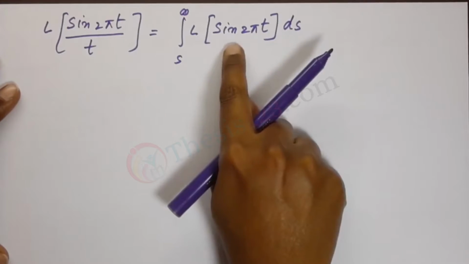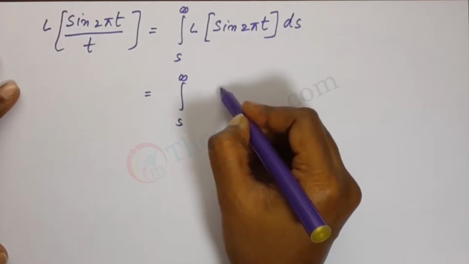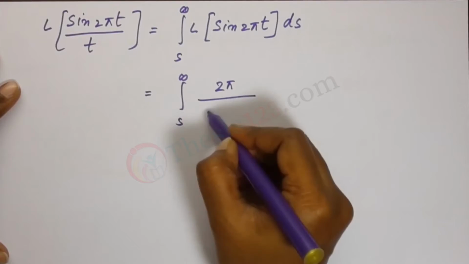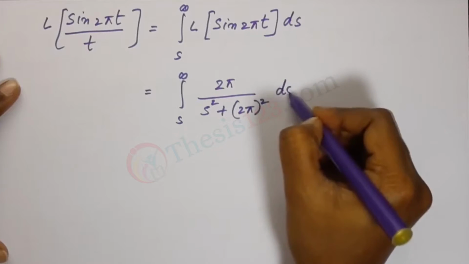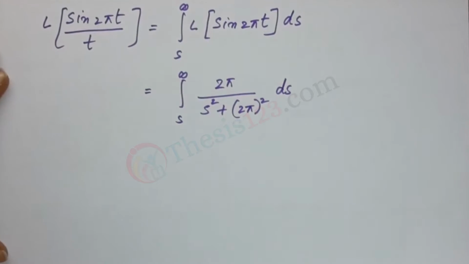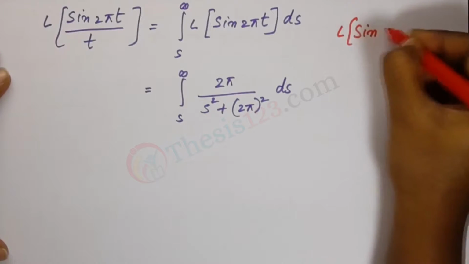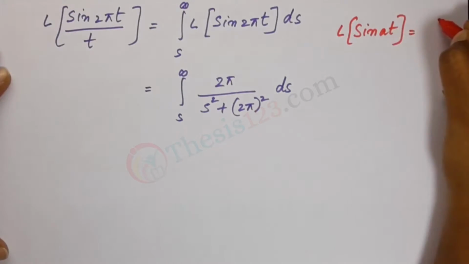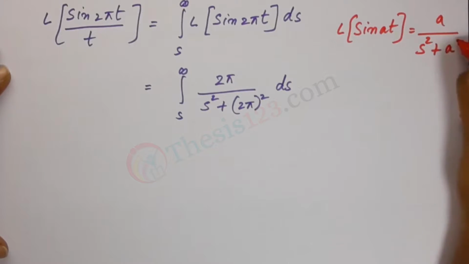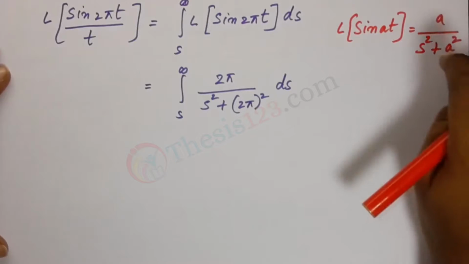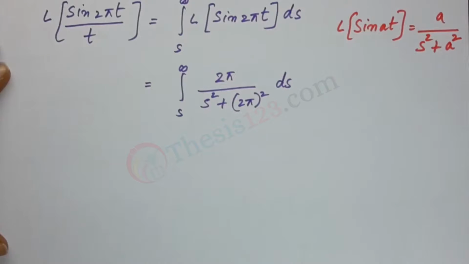Laplace of sine, we know, gives the integral from s to infinity of 2 pi divided by s square plus 2 pi square ds. Just in case, let me write that here: Laplace of sine a t is equal to a by s square plus a square.